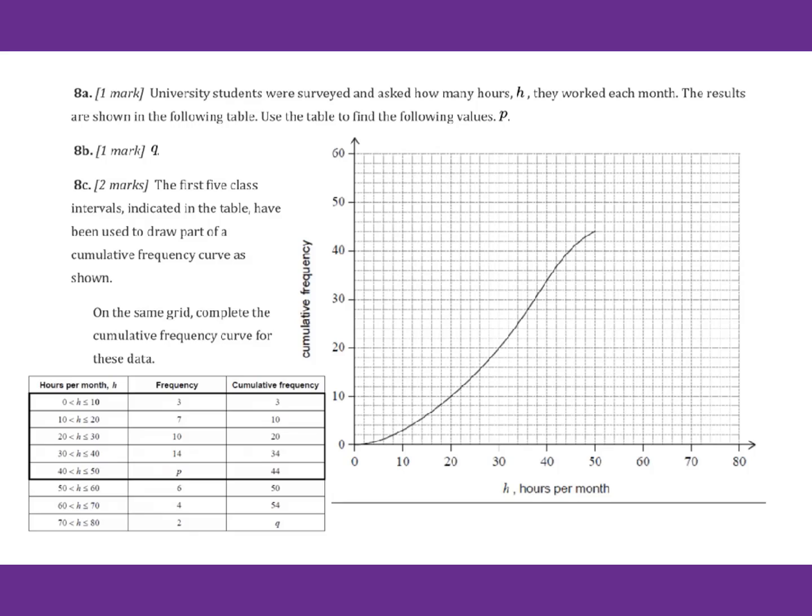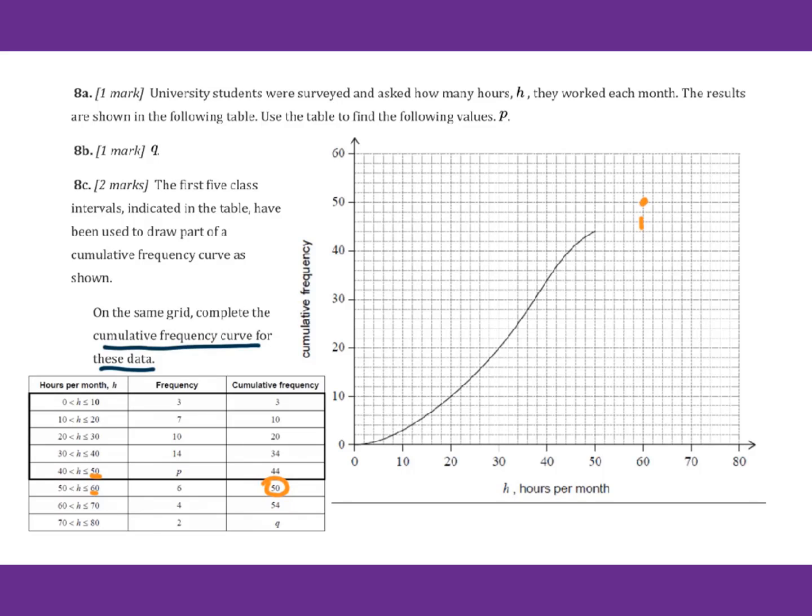For 8C, the first 5 class intervals indicated in the table have been used to draw part of the cumulative frequency curve, as shown. On the same grid, complete this cumulative frequency curve for this data. They did up to 50, so we keep going. For 60, 50.